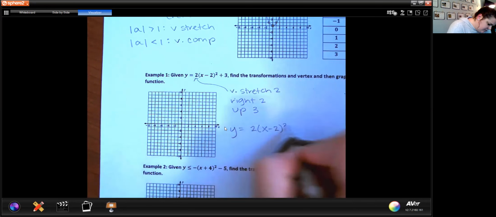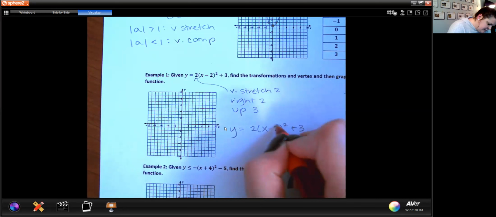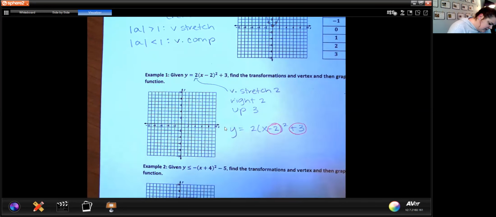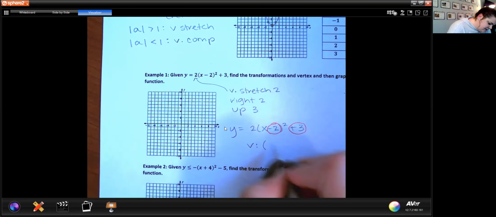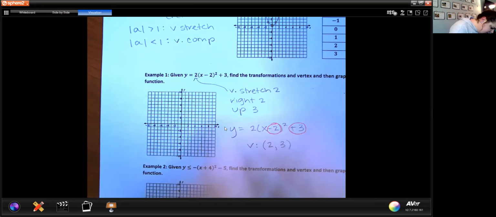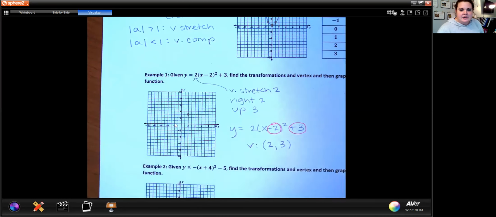And so it's kind of helpful to have something a little bit more descriptive in your notes. So I'm looking at this number and I'm looking at that number to find the vertex. And just like we did with absolute value graphs, the vertex is the opposite of the inside number, and it's exactly the same as the outside number. So the vertex is over 2 up 3. Okay, so let's go ahead and graph this on Desmos now.